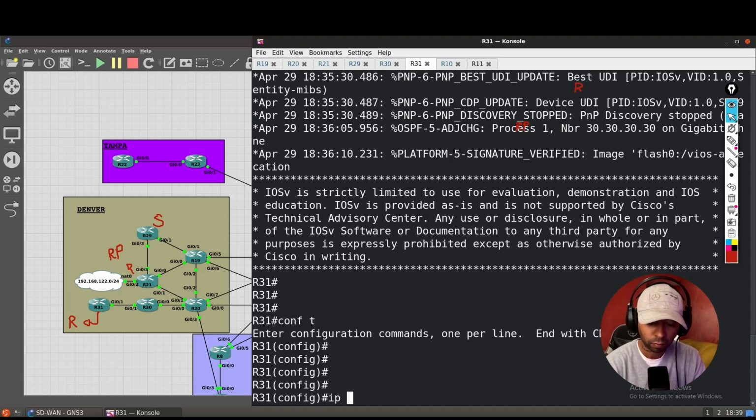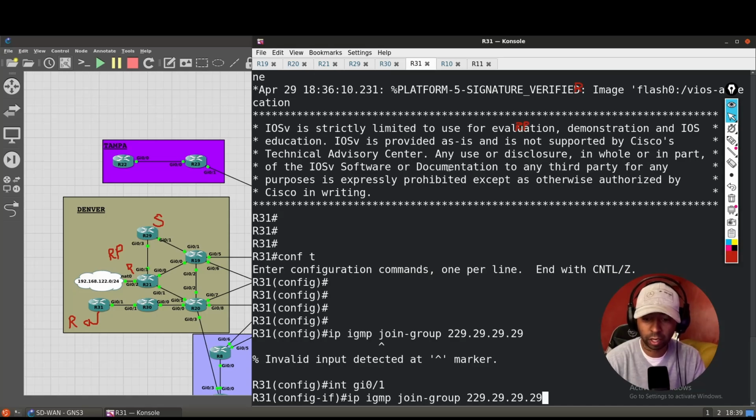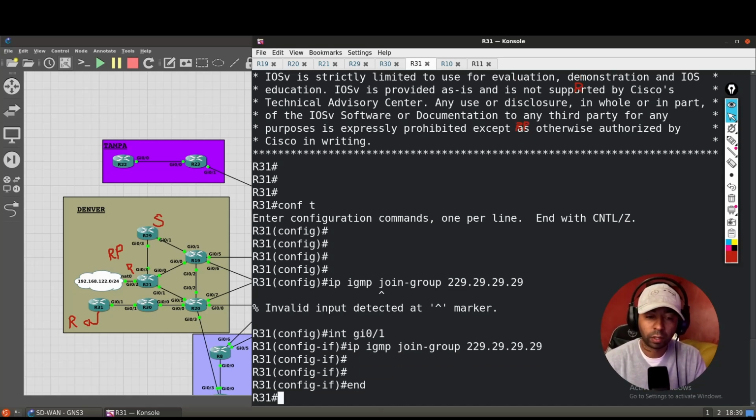On the interface gigabit 01, ip igmp join-group 229.29.29.29. Right? What is the next thing?